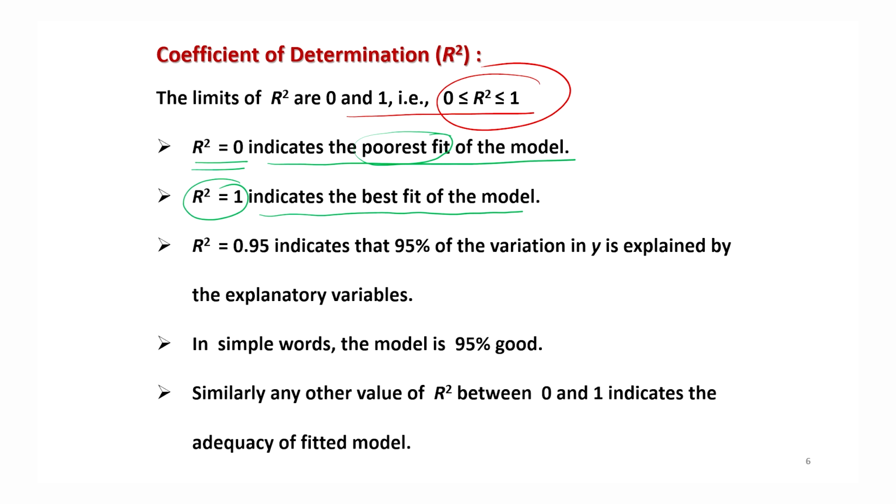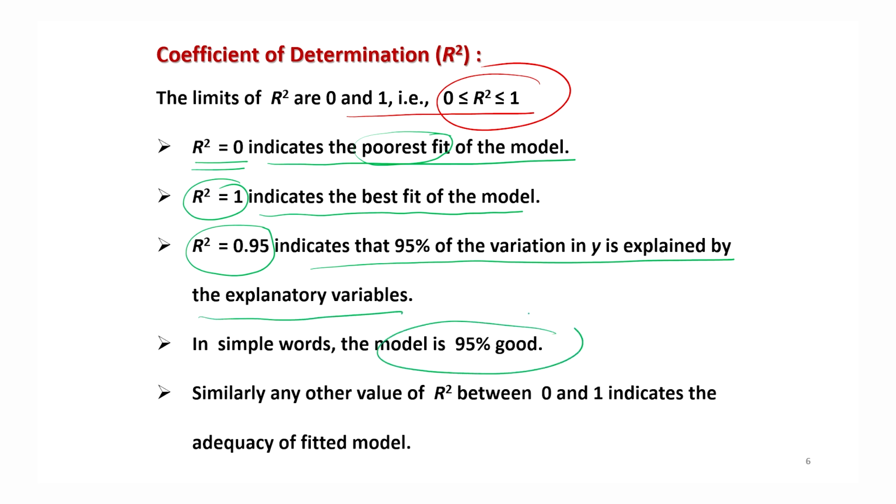And if there is any other value of R square between 0 and 1, for example, if R square comes out to be 0.95, then it indicates that 95% of the variation in the response y is explained by the explanatory variables x1, x2, ..., xk. Or in simple words, I can say that the model is nearly 95% good. Similarly, any other value of R square between 0 and 1 is going to indicate the adequacy of the fitted model.